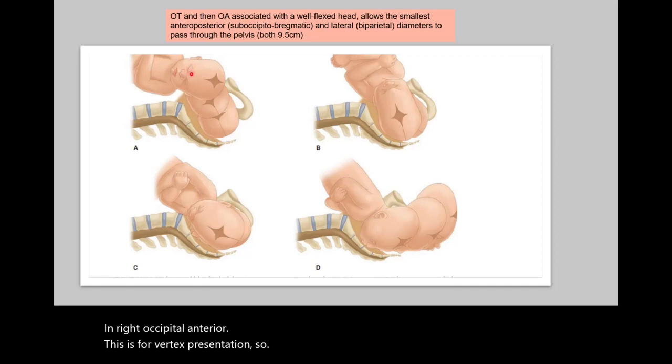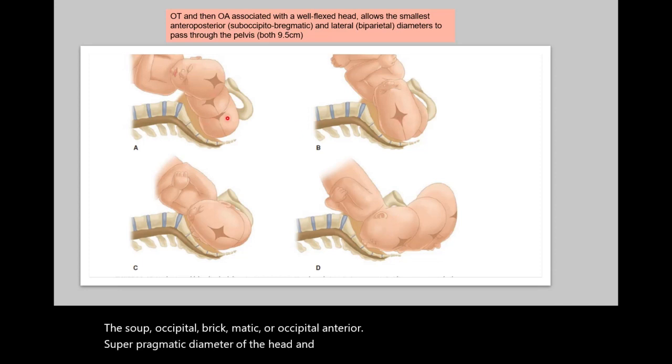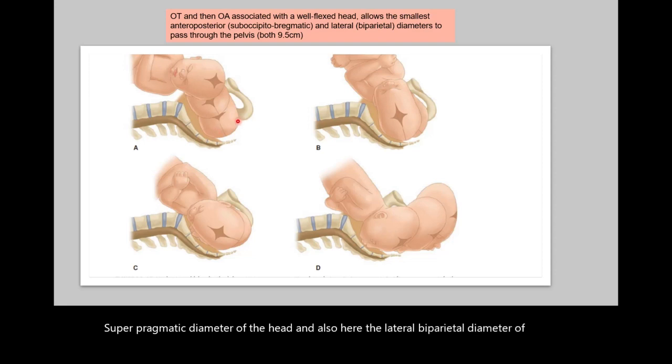We enter in an occipital transverse position, then an occipital anterior position with a well-flexed head that will allow the suboccipital bregmatic diameter of the head, and also here the lateral biparietal diameter of the head of the fetus.